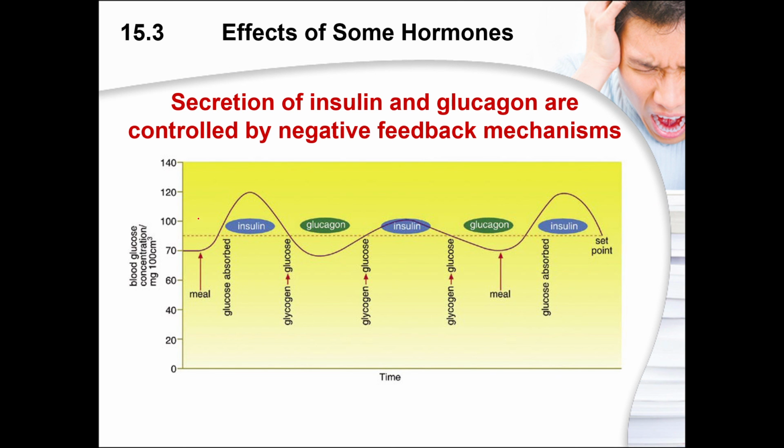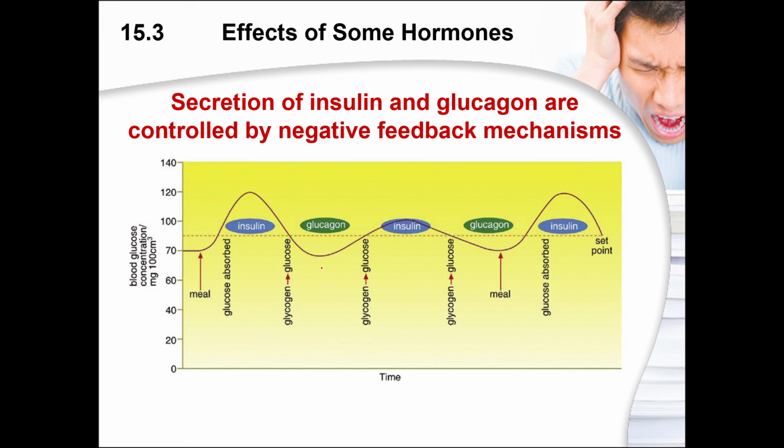Okay, so you can see that if you compare insulin and glucagon side by side, you will realize that they are produced in a cyclical manner. So over time, insulin is produced when blood glucose concentration increases, which causes the glucose concentration to drop.